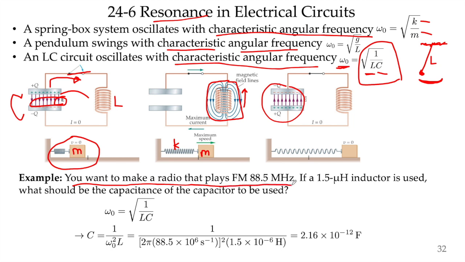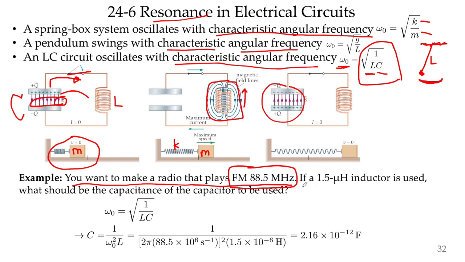Different radios broadcast at different frequencies, but let's say you want to listen to the one that broadcasts at 88.5 megahertz. Well, you need an LC circuit, just like these, whose characteristic frequency matches the frequency of the radio that broadcasts at this frequency.